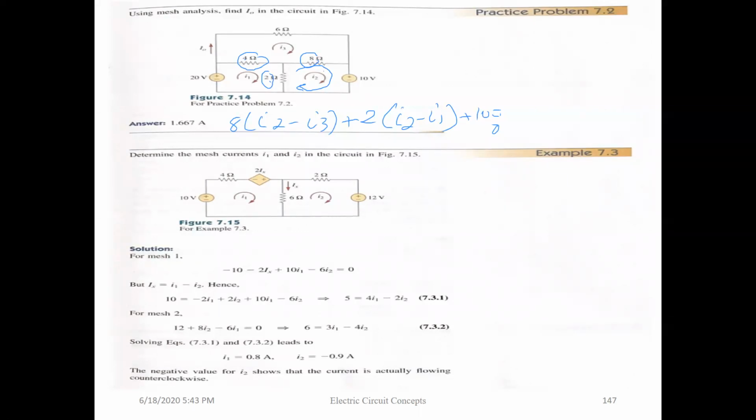Okay, and to reorganize that, it will be minus 2 I1, then plus 10 I2, and then minus 8 I3 equals to negative 10. So this will be the second equation for the second mesh.